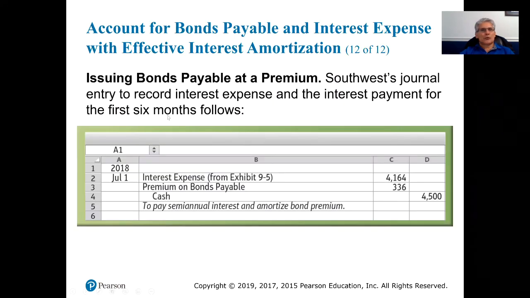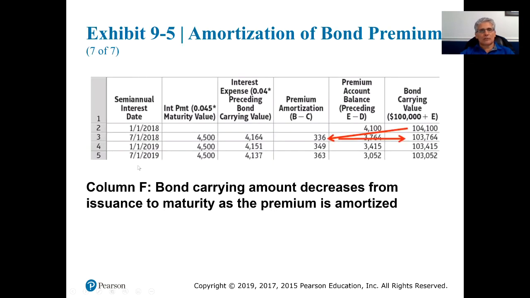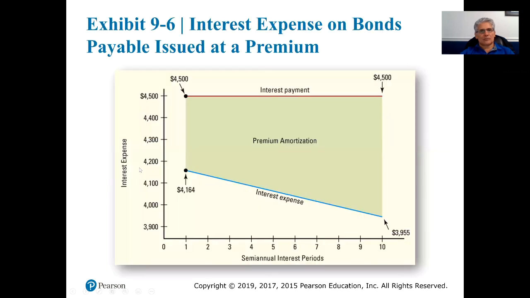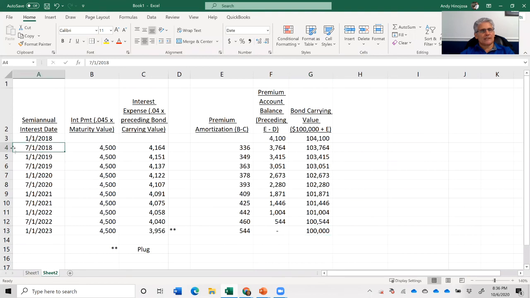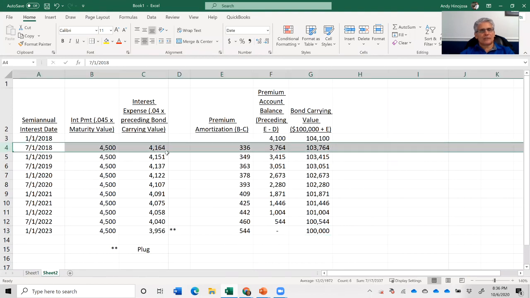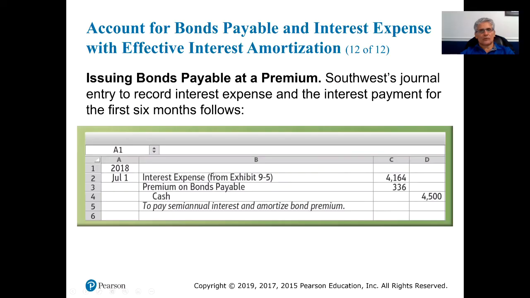So now when we're ready to record the payment on July 1st, 2018, the first question is, how much interest expense do we need to record? Let's go to July 2018. The amount of interest expense we computed, 4,164.